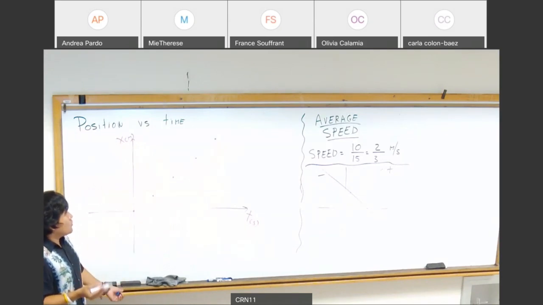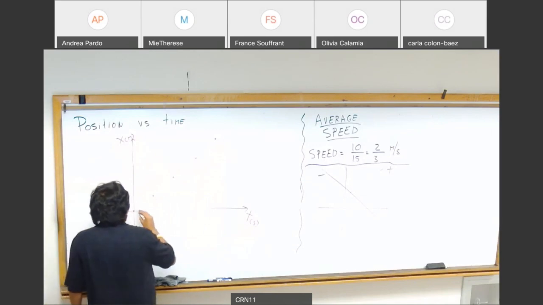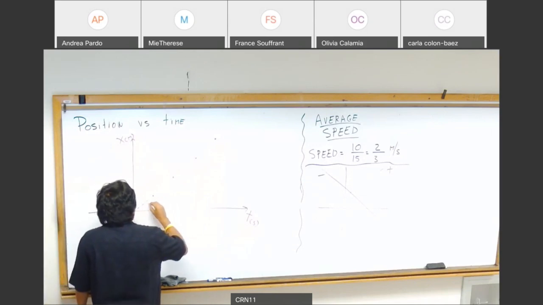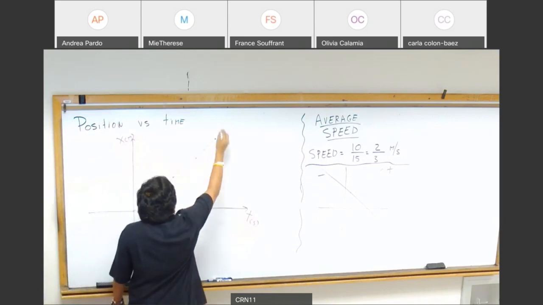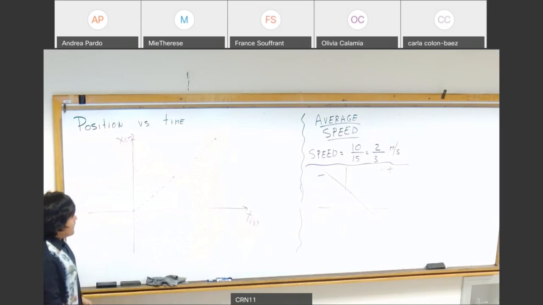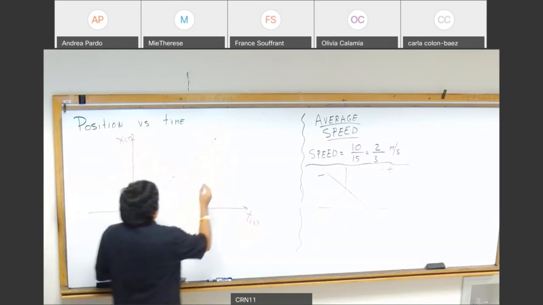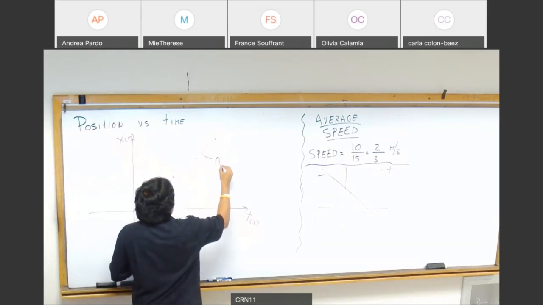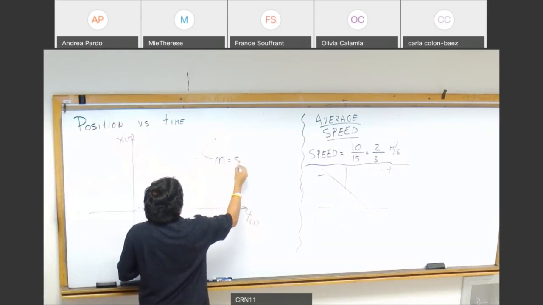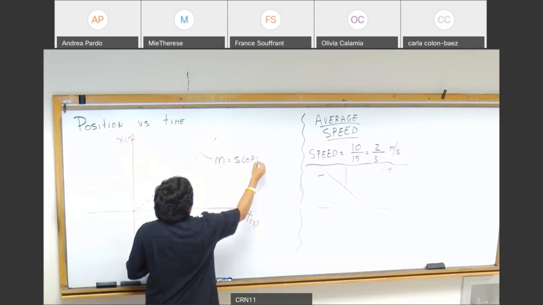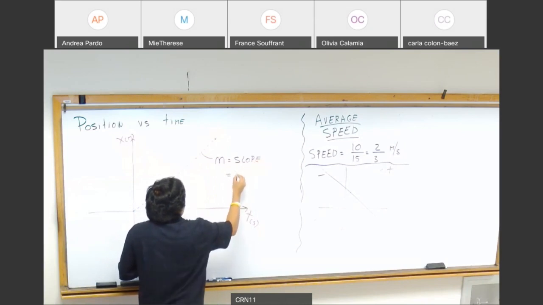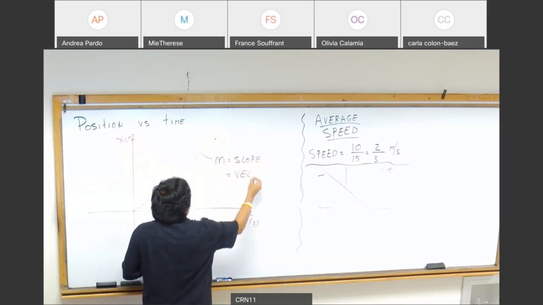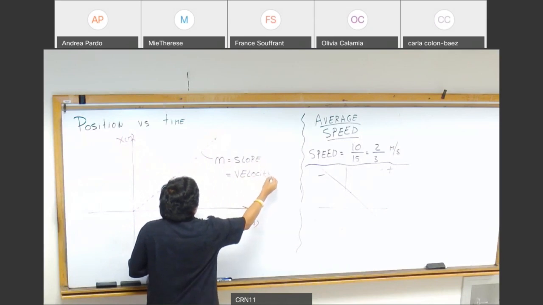And then what do you do with that? You have to pass a line. Like that. It's not going to be a perfect line. In Excel, you will try to fit it into a line, and you will find the slope. That slope is the velocity. And you know what?